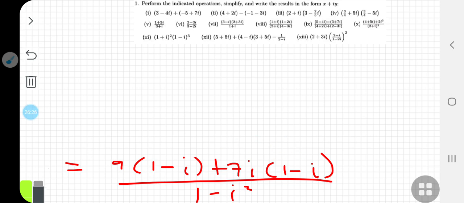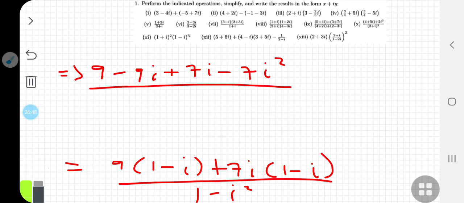From here, I'm going to have 9 minus 9i plus 7i and minus 7i squared, over 1 minus negative 1 there.